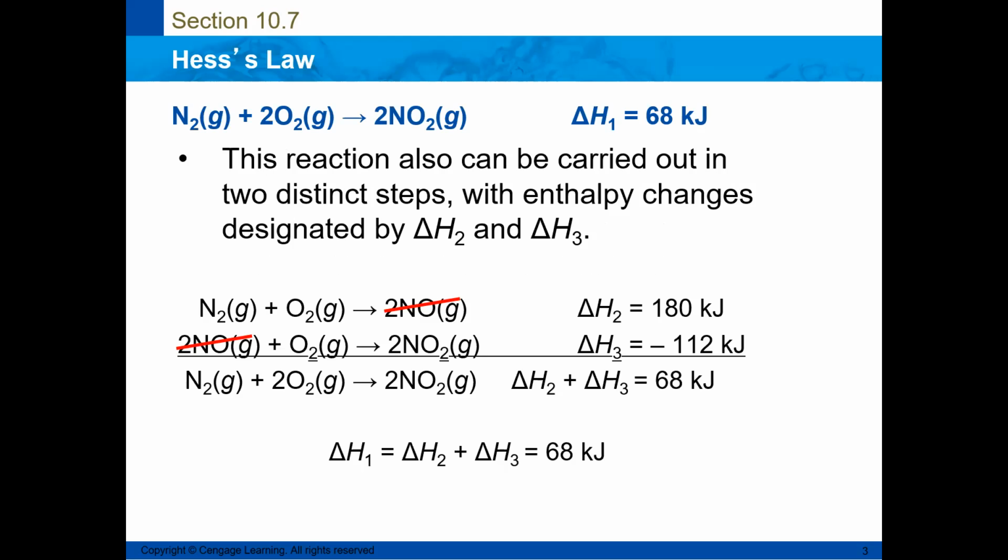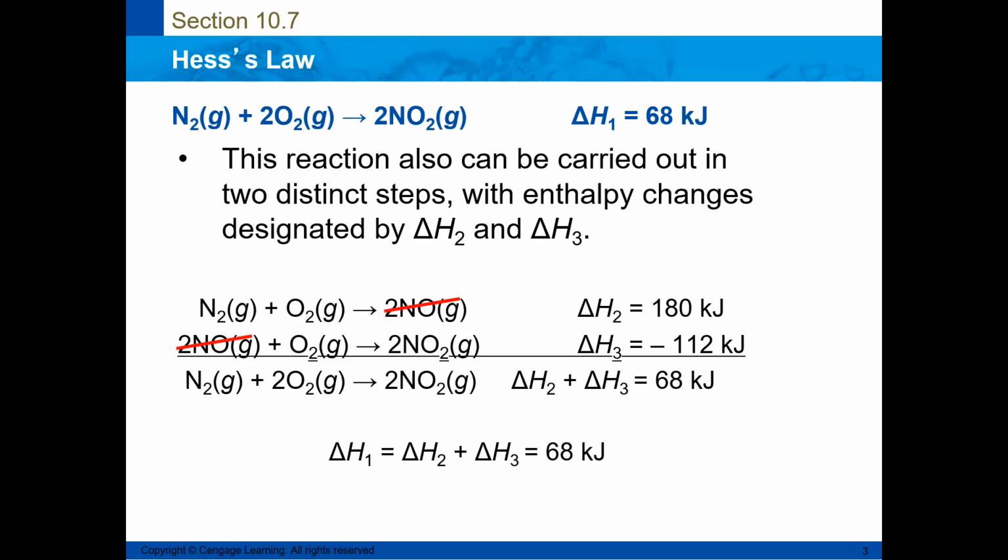So in order to do this, Hess's law says the reaction can be carried out in 2 distinct steps with the enthalpy changes designated as delta H2 and delta H3. In this case, you have N2 and O2 going to 2 NO, and that's going to give you 68 kilojoules.